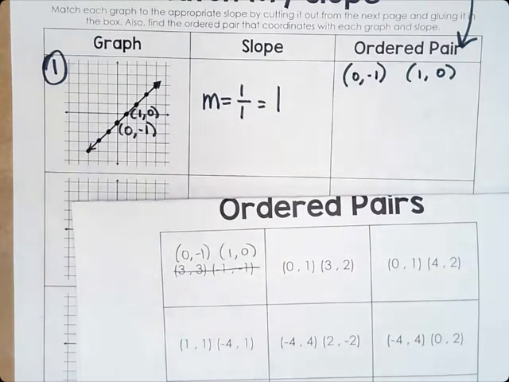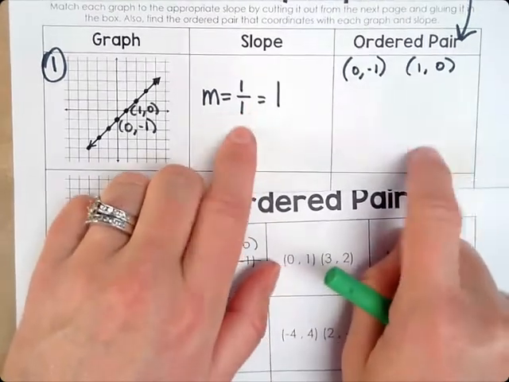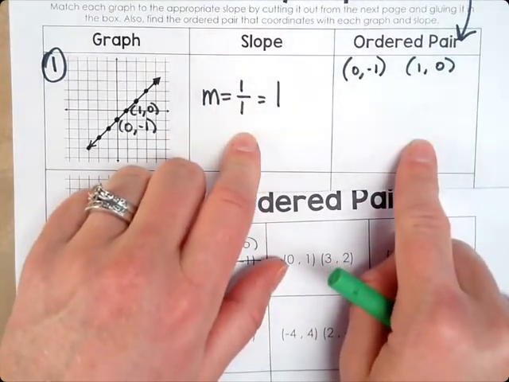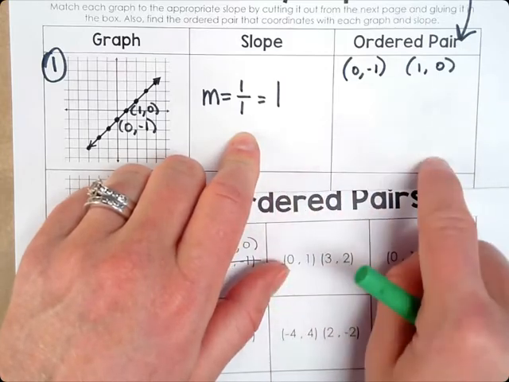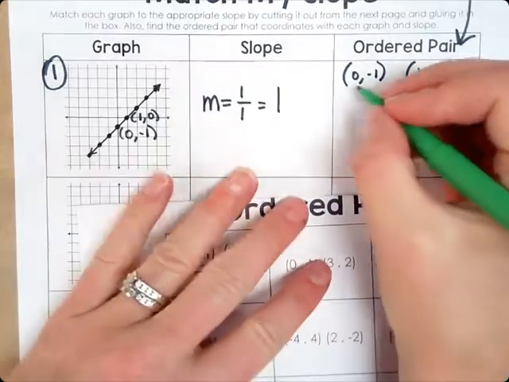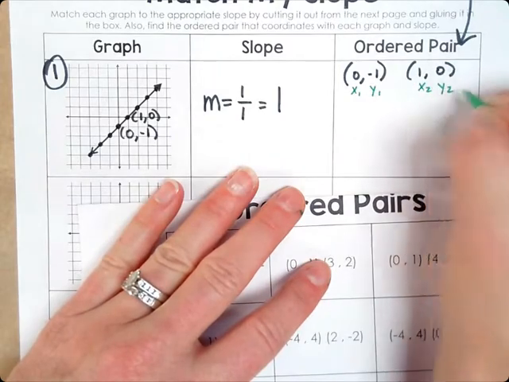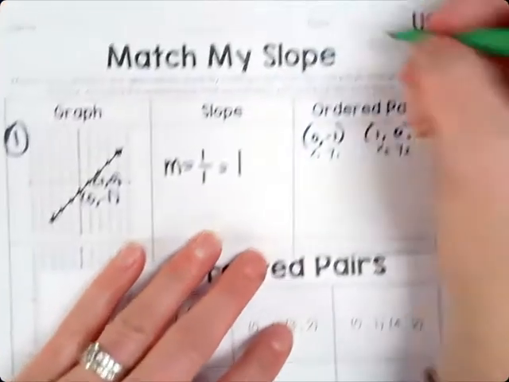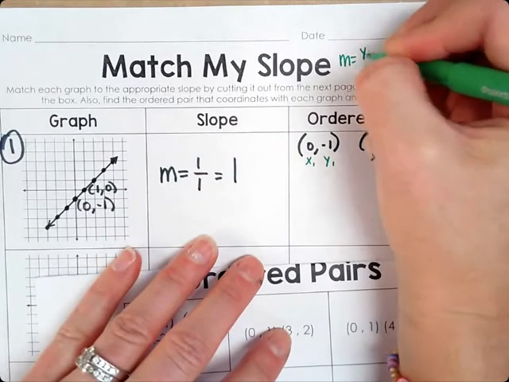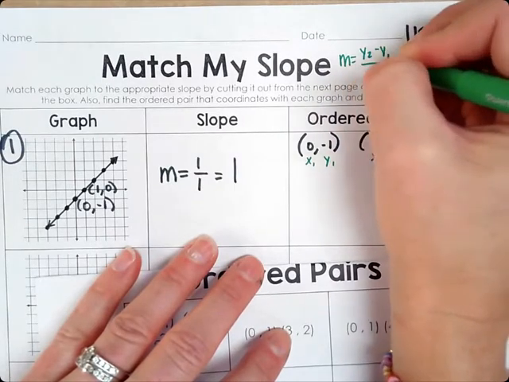So what I'm having you do is use the formula to find slope, and these should be the exact same. So it's an easy way to check to make sure you're doing it right. So we have x1, y1, x2, y2. So use our formula. I'm going to write up here: y2 minus y1 over x2 minus x1.